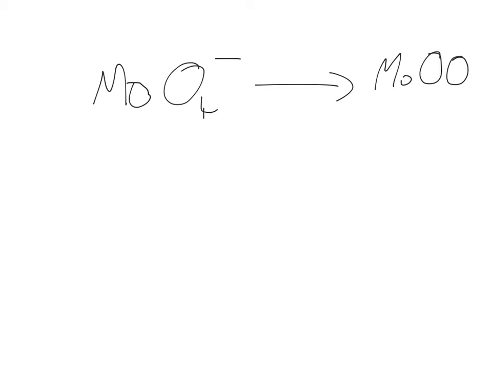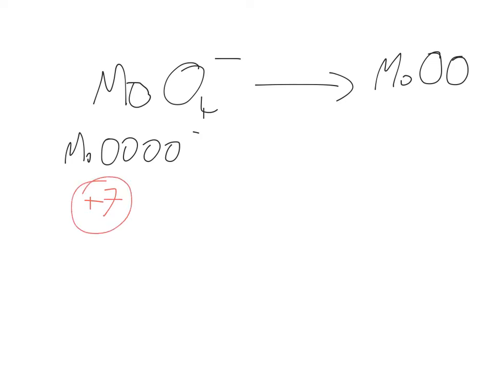Should we write this one out as well? Like Mo minus. Okay, I think this is molybdenum 7. I think we talked about this a little earlier in our part 1 answers. So I think this is molybdenum in the +7 oxidation state.